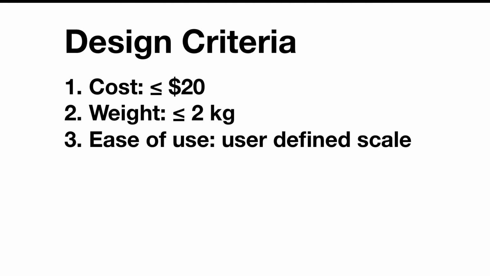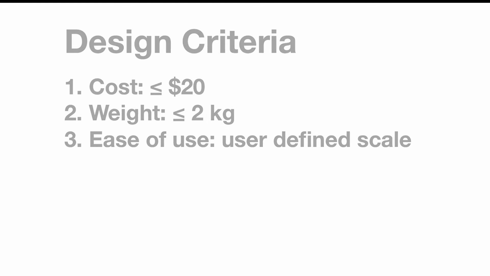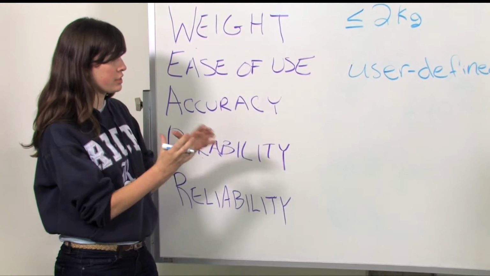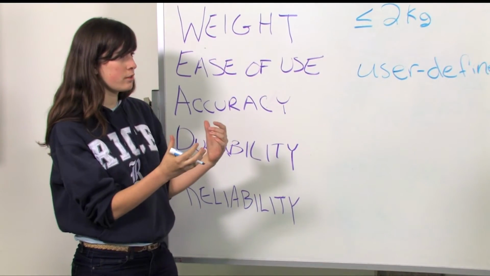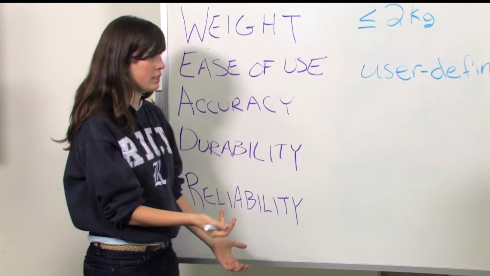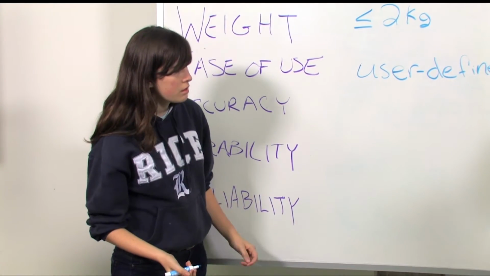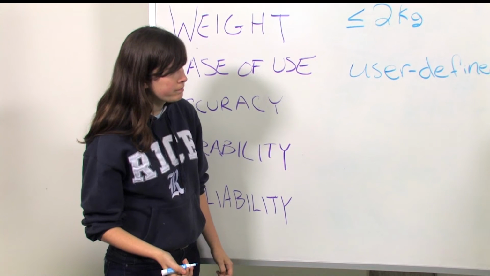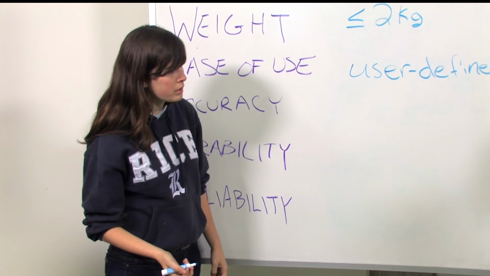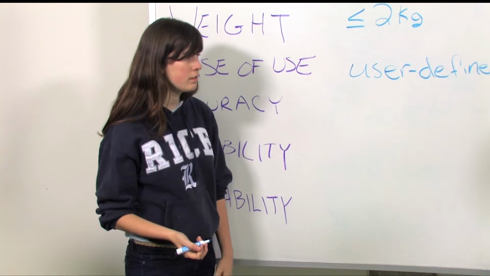Yeah, that's fair. Now for accuracy, we want to be within a certain range of the target. For children, sometimes they may only need 200 milliliters of fluid, so we want to be around that range.